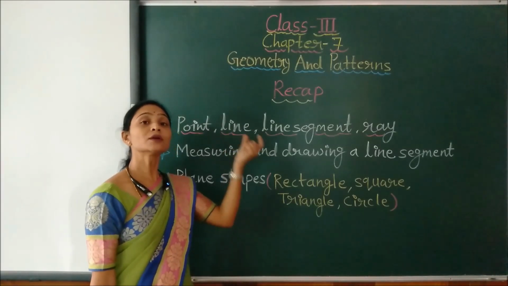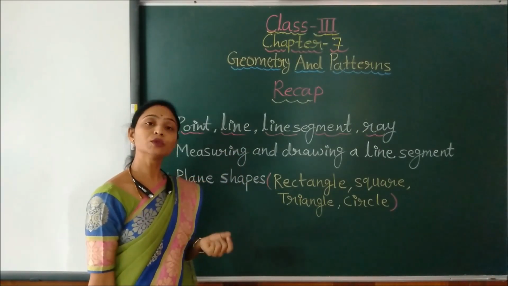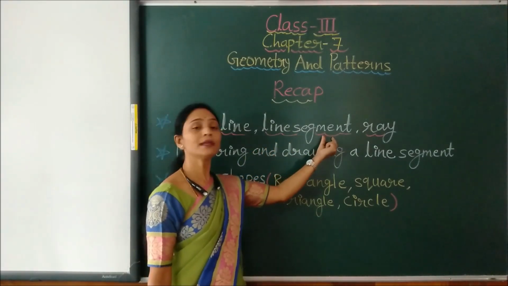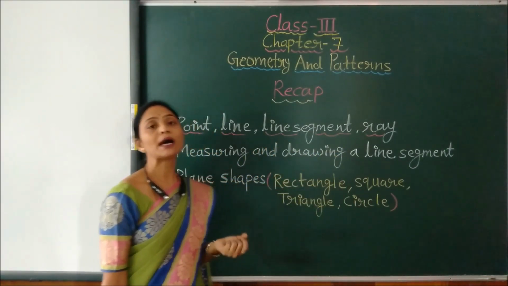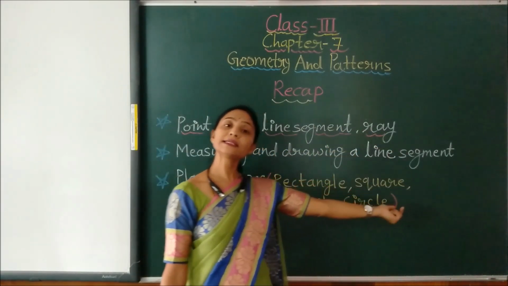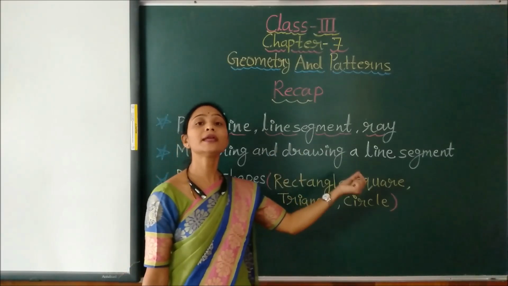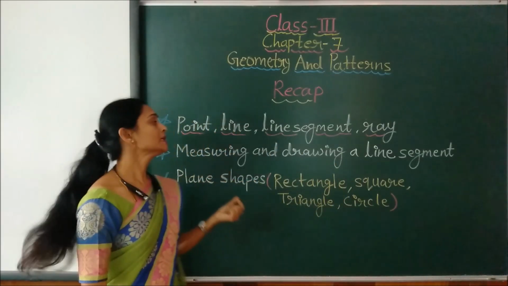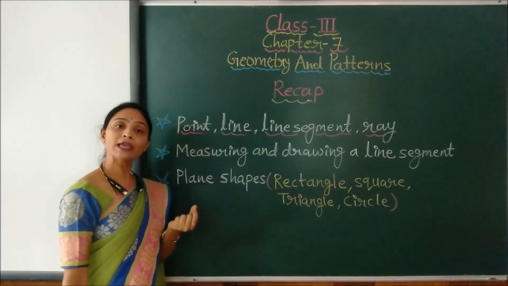Line is going on and on in both the directions endlessly. Then line segment is a fixed part of a line. Yes, and ray is a line segment which is extended in only one direction endlessly. Yes, so all these definitions we have seen.